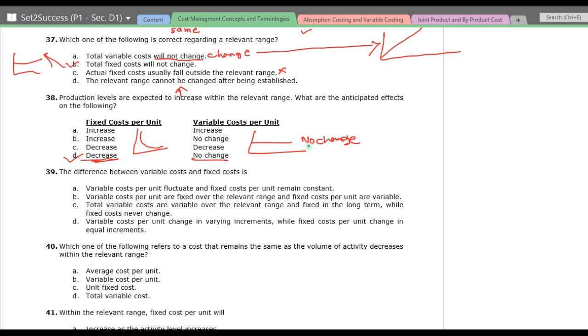Because fixed cost per unit changes indirectly with the production level. There is one more point that we need to discuss, that is fixed cost per unit changes indirectly with the production level.